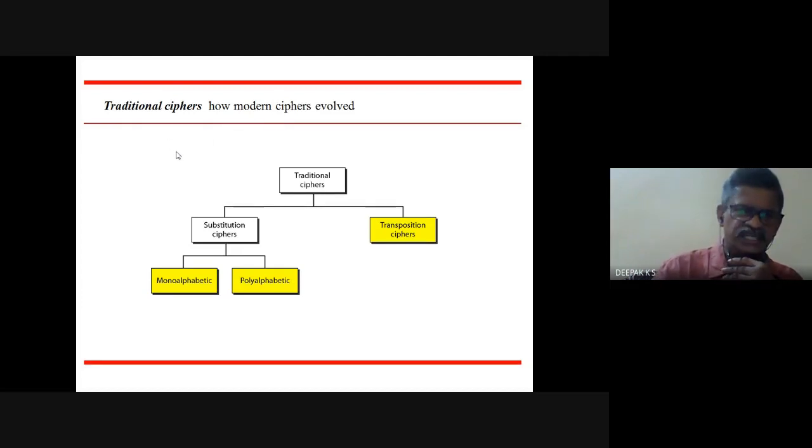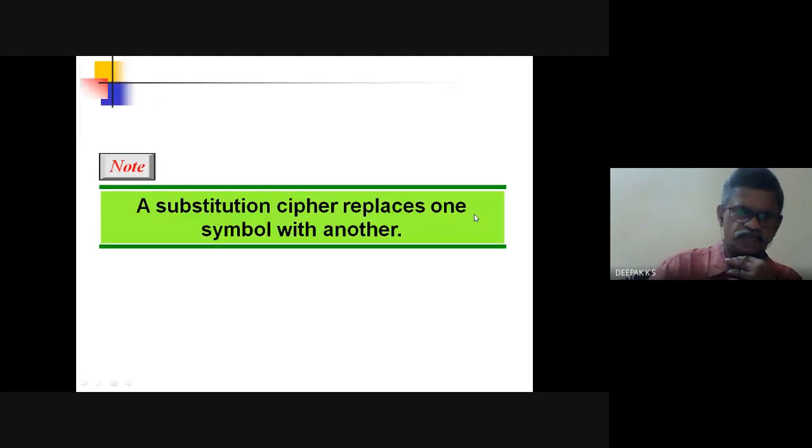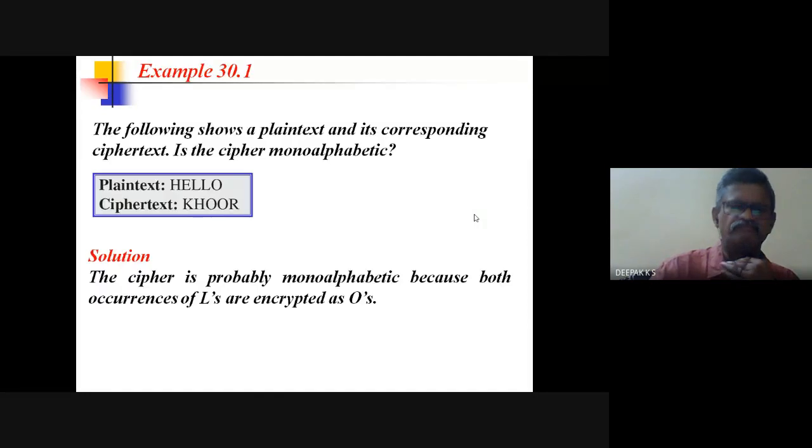Initially, traditional ciphers either used substitution or transposition. A substitution cipher replaces one symbol with another. Maybe some rule is followed, so it would be converted by some elements.